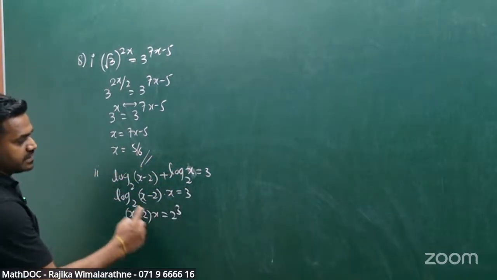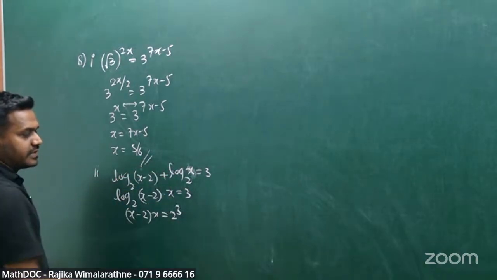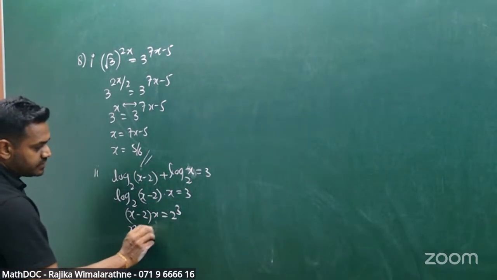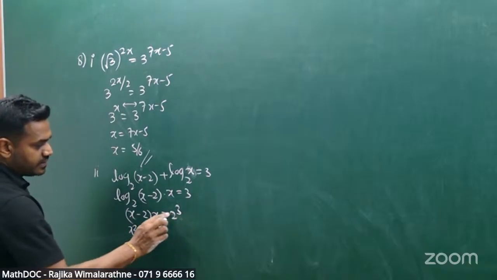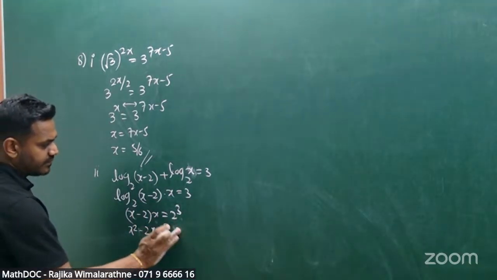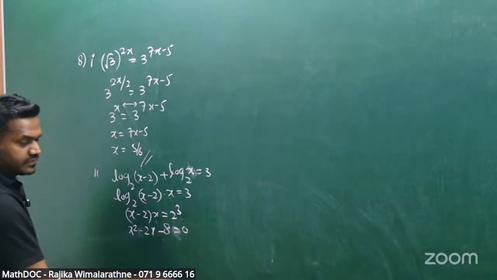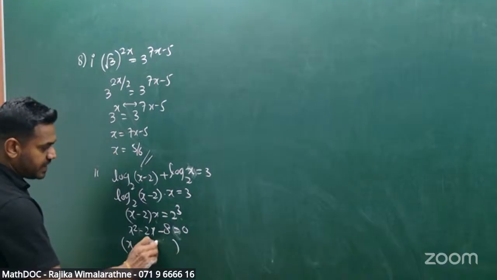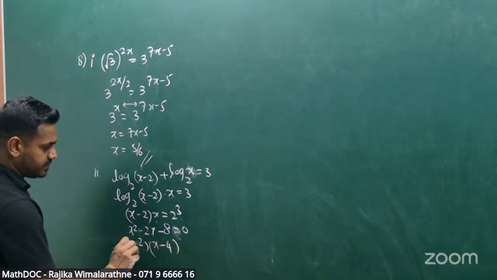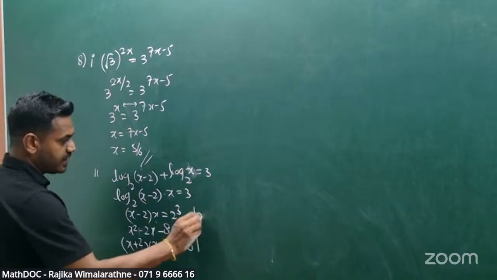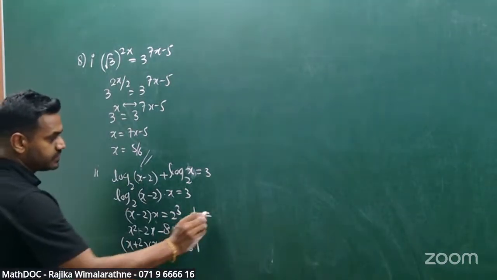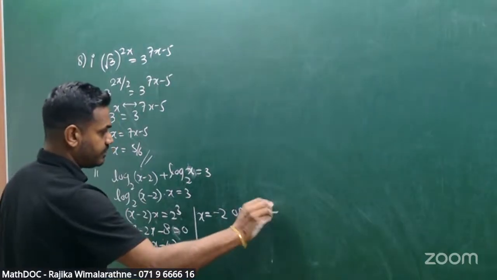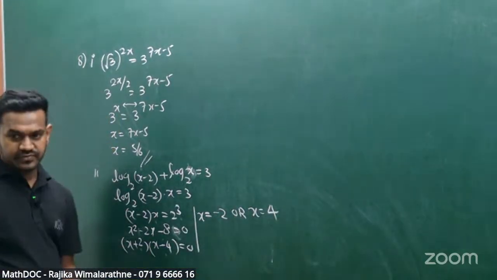Then you can subject this one 2 to the power 3. Then simplify. Here x square minus 2x equals 8, now put it on the other side. Now further, we can solve this. We have factors. x minus 4, x plus 2 equals 0. Then x value minus 2 or x value 4.